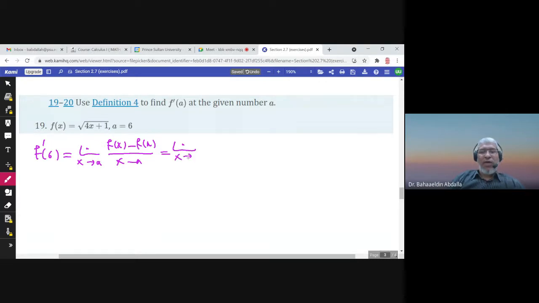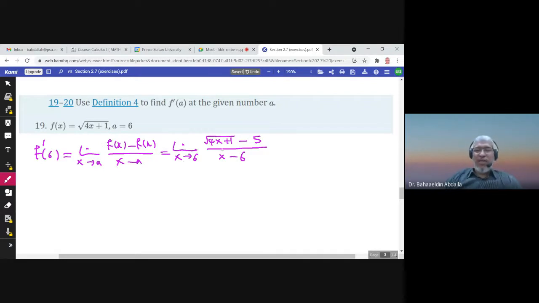So a here is 6. I have f of x, which is square root of 4x plus 1, minus f of 6. Well, f of 6 would be 4 times 6, 24, plus 1, 25. Square root of 25 is just 5, over x minus 6.